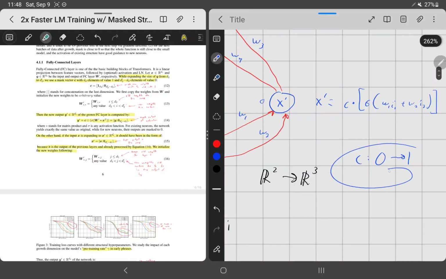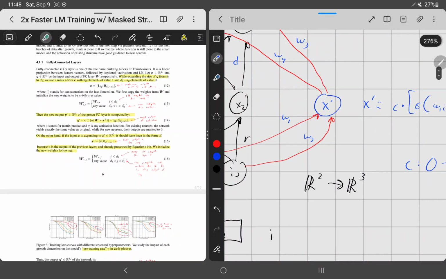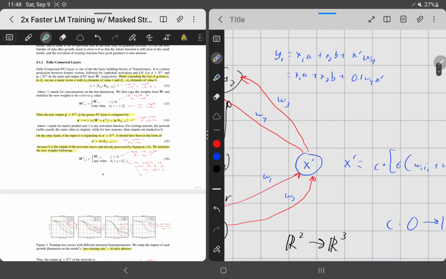And the model doesn't learn this. This is a scheduler that is placed by the person implementing this algorithm. So over time, maybe let's change it to 0.1, and this would instead be 0.1 times W4 x prime.